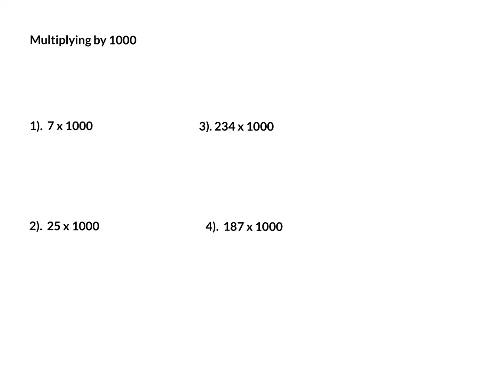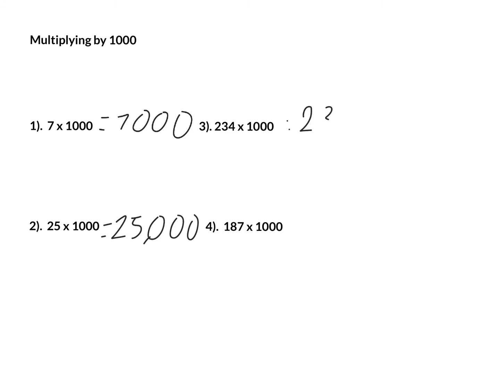Okay, so I want you to have a go at these questions on your own. So if you want to pause the video now. So 7 times 1,000 is 7,000. 25 1,000s is 25,000. 234 times 1,000 is 234,000.